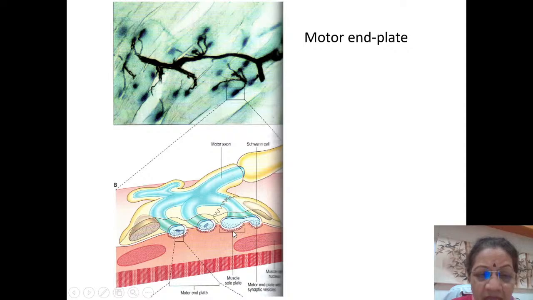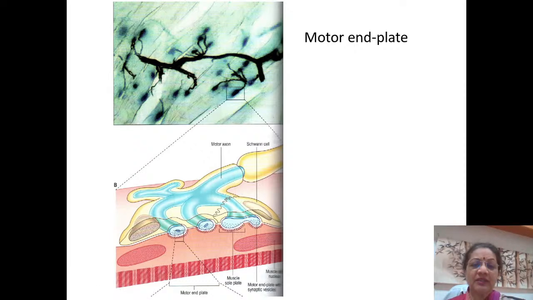And the muscle part of this junction, which is with this expanded surface area, is called the muscle sole plate, S-O-L-E, like the sole of your foot, right? It's because this thing is coming in, landing on it. And the nerve part of it is called the motor end plate, which has the synaptic vesicles.